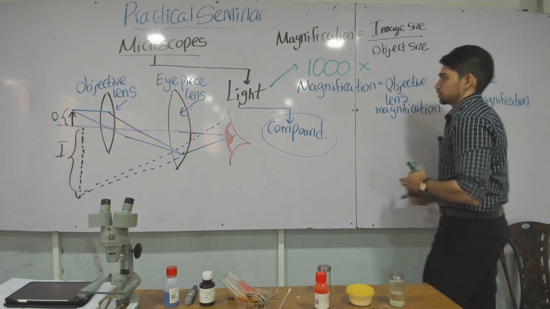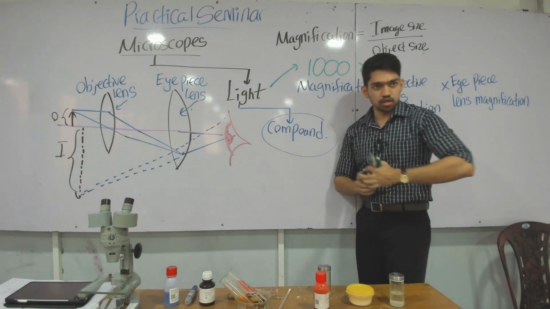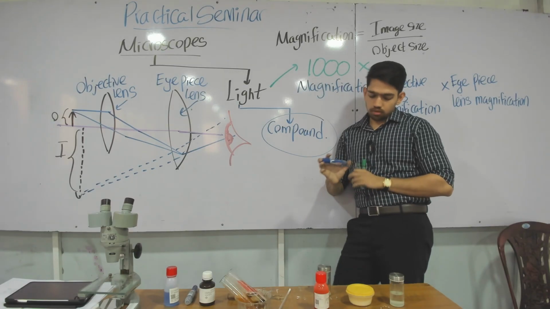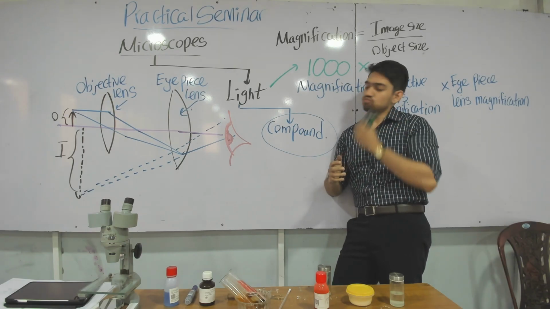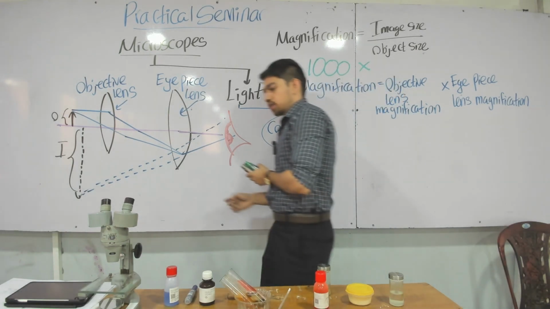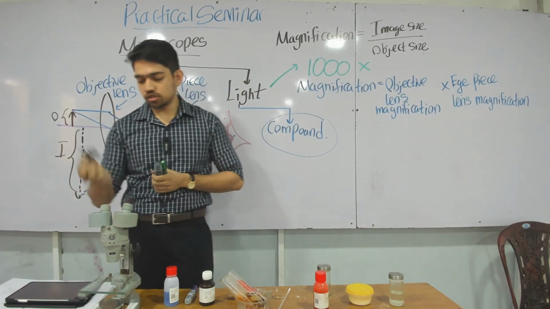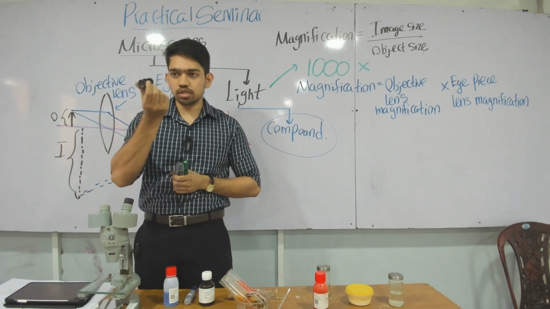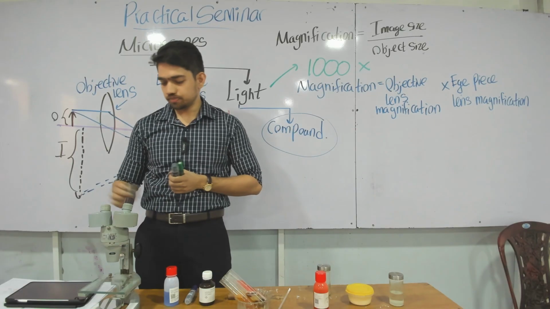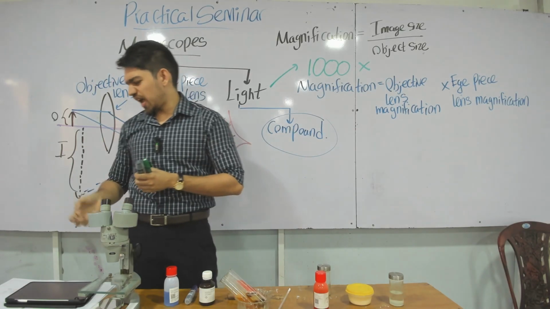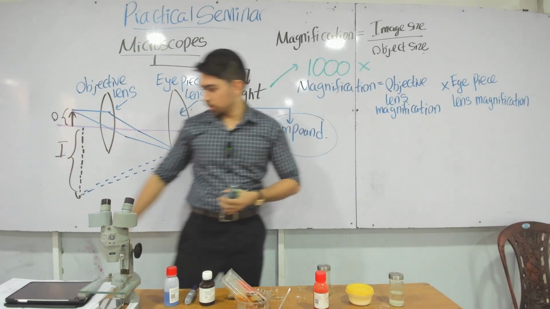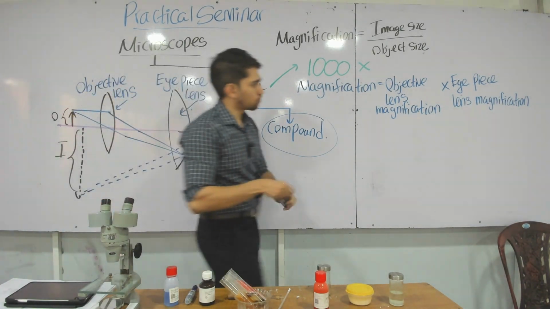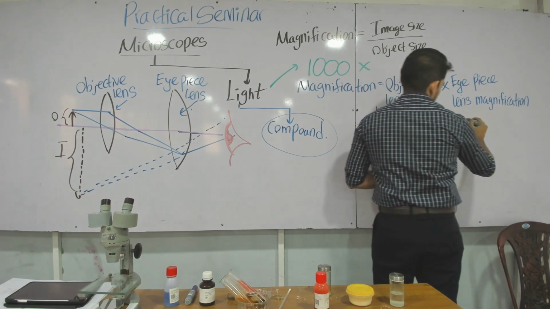If you take a standard microscope, your eyepiece lenses are fixed. Their magnification is fixed; you can't change the lens. Usually the standard eyepiece lens has a magnification of only 10 times.